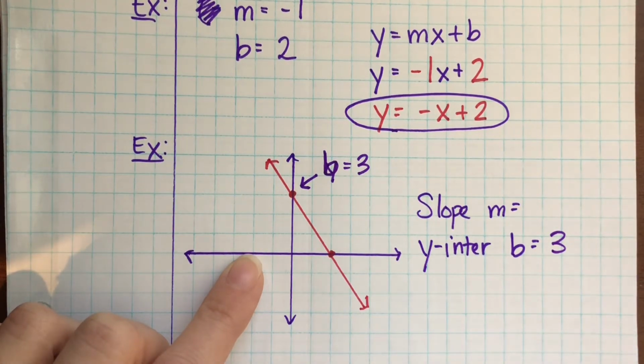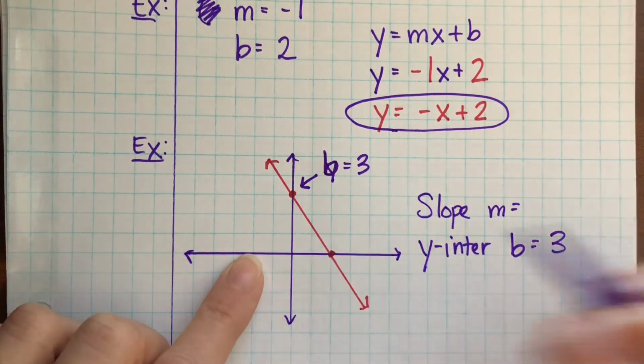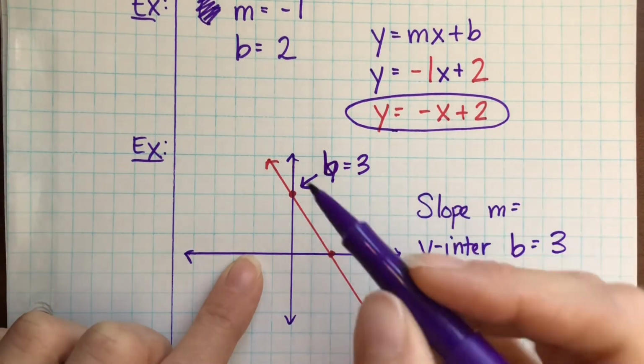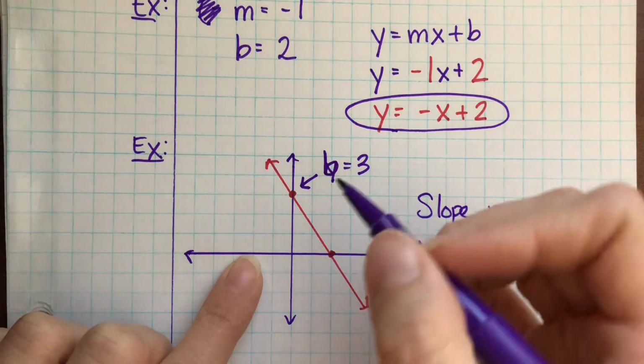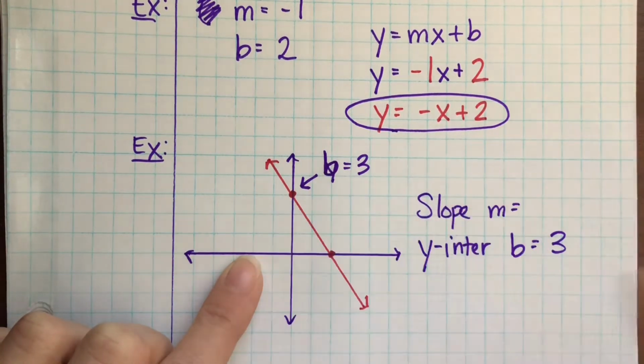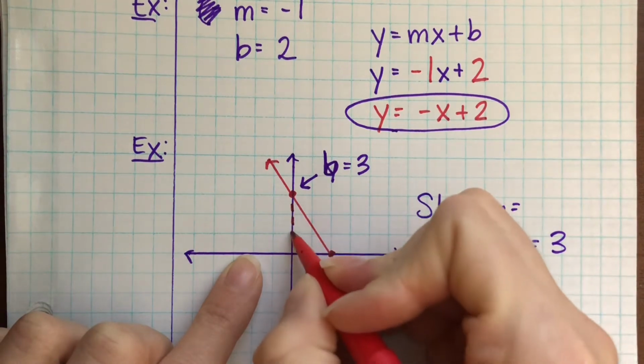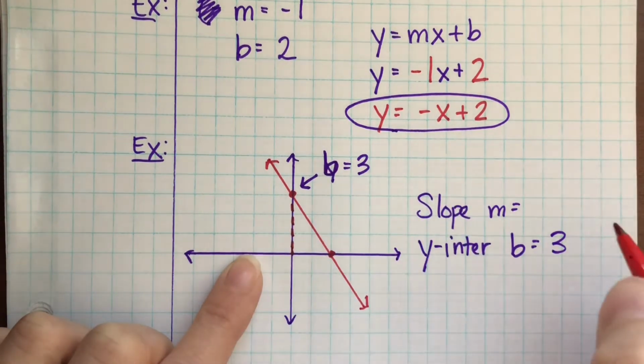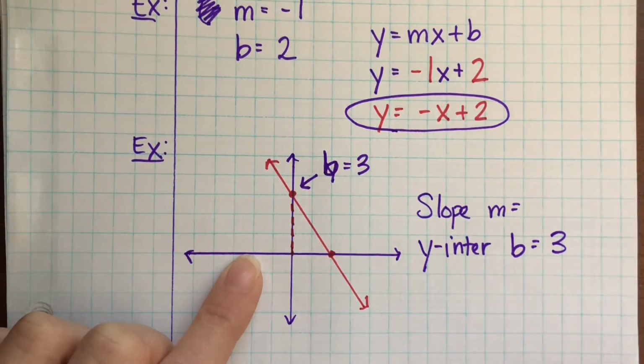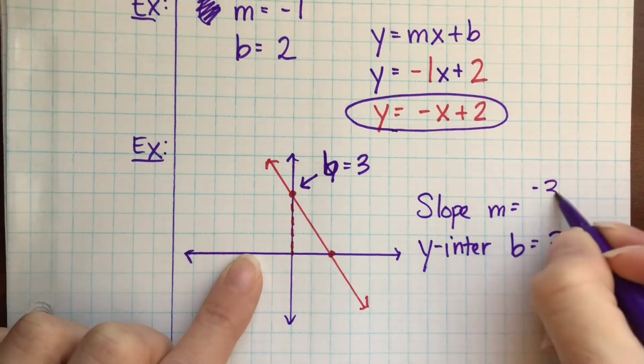Our slope, if you look at this, you're going to have to go, and actually this is good review for you guys too for finding slope. We're going to have to go down 3, which means that our numerator is negative 3.